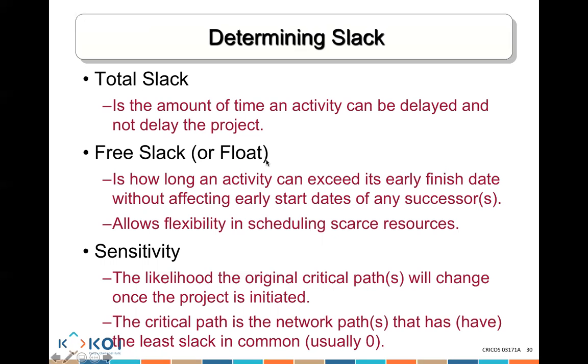There's also the concept of sensitivity. What I mean by sensitivity is the likelihood of the critical path becoming an issue. Sometimes you have one critical path and another path, and in that other path there's only 1 day of slack.